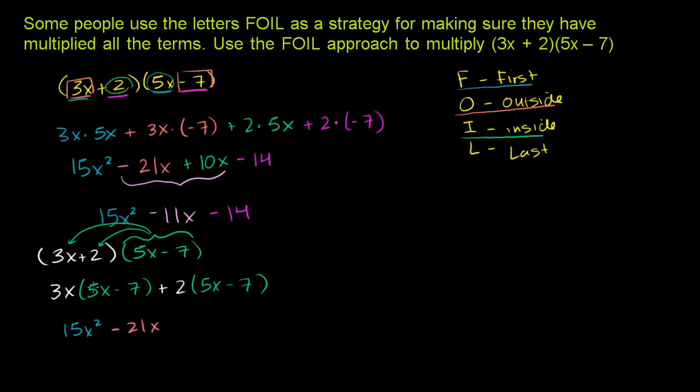And remember, this step, we're just applying the distributive property again. So then we have 2 times 5x is going to be 10x. So plus 10x. And then we have 2 times negative 7 is negative 14. So we actually got the exact same result that we did when we applied FOIL. And when you simplify it, you get this answer again.